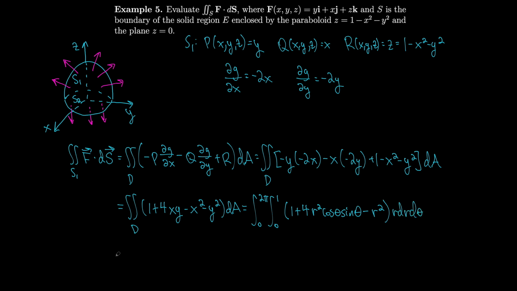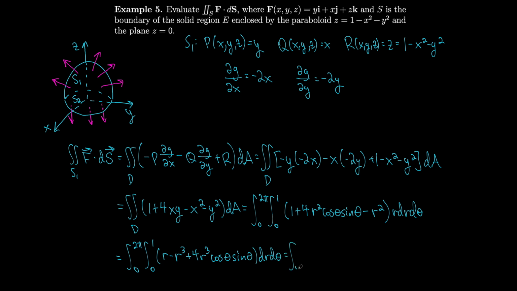So this becomes the integral from 0 to 2 pi, 0 to 1, of r minus r cubed plus 4r cubed cosine theta sine theta, dr d theta, because I used up the r.